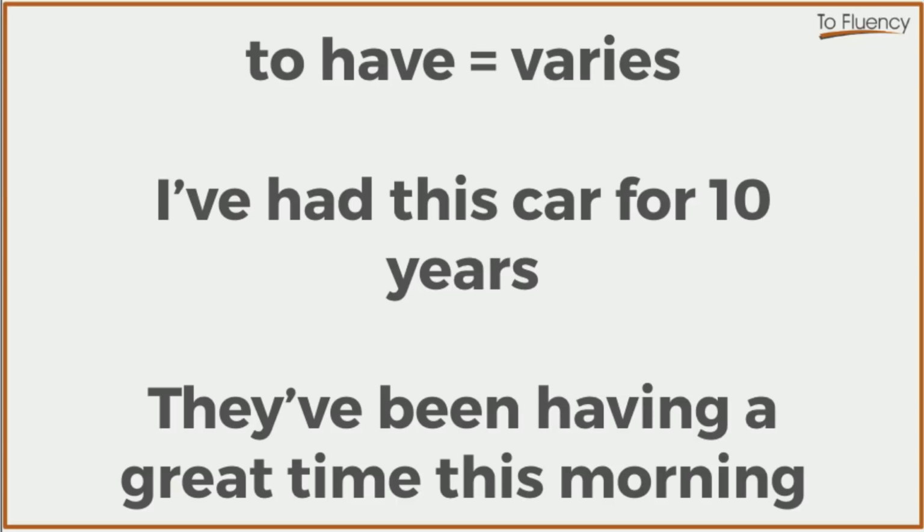They've been having a great time this morning. In this case, it's more of an experience to have a great time. And with this case, we use the continuous form. So some verbs can be flexible depending on the meaning of the verb.